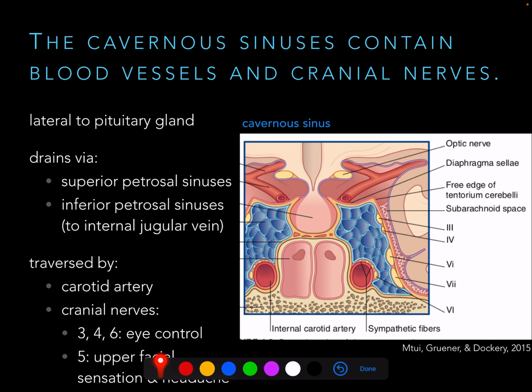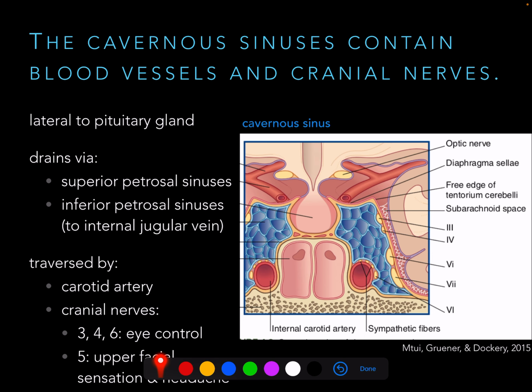We also have a number of cranial nerves running through the cavernous sinus. Cranial nerves 3, 4, and 6 control the eyes, as well as 2 divisions of cranial nerve 5, the trigeminal. So the ophthalmic and maxillary divisions are going to serve the top and roughly middle of the face there.